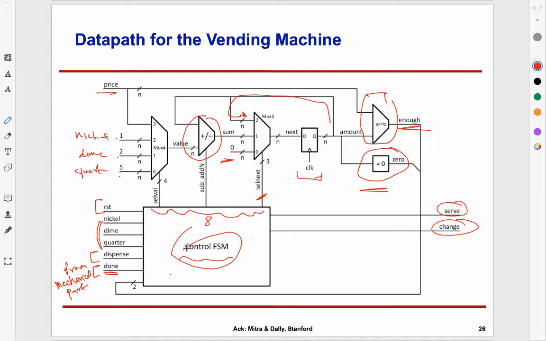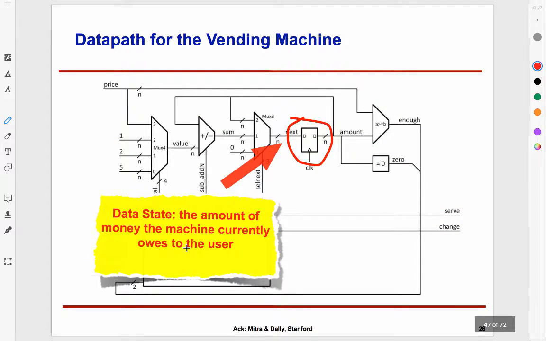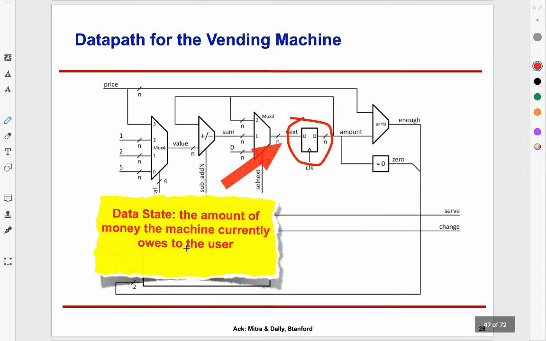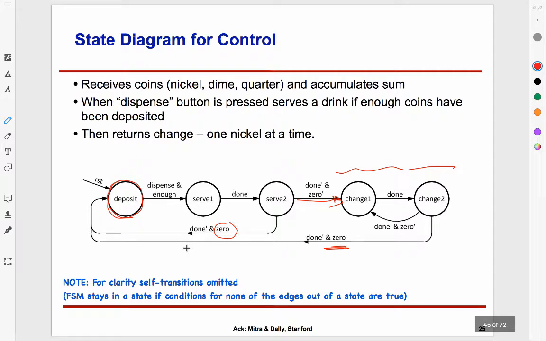So now we have our data path, and it seems reasonable that it would be able to do what we desire, the set of operations it could do. And at this stage, one could go back to our state machine and flesh it out, okay, in terms of the specific signal names and all that we have.